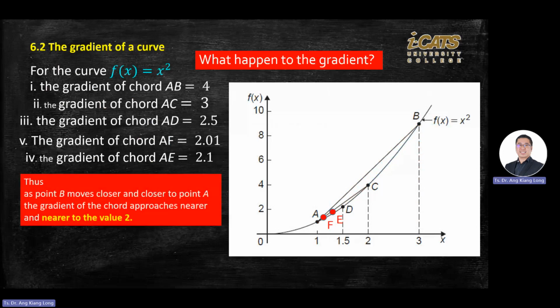So what you see here is that as you get close to your target point, B moving to C, moving to D, moving to A, your gradient is close to one value. In this case, it's 2.